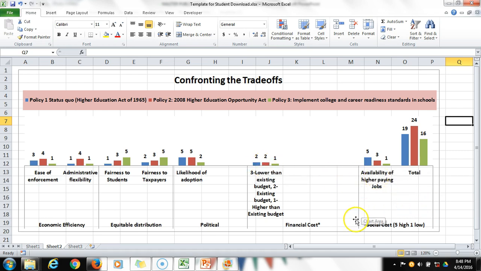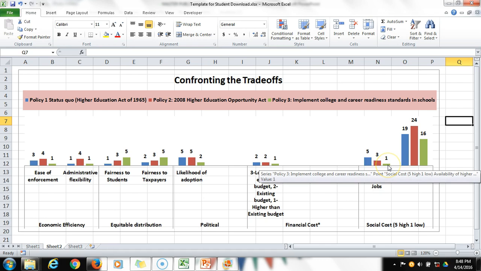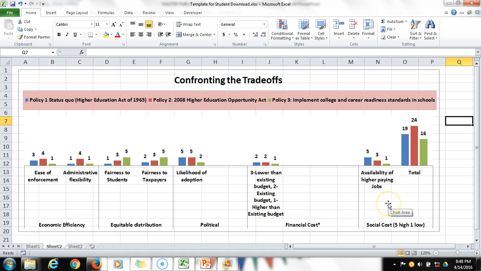And finally, when we look at social costs, policy 1 actually has the highest social cost. Remember, 5 is the worst thing to have in this case, and 1 being the best to have. Now, this is where we think about what we value.